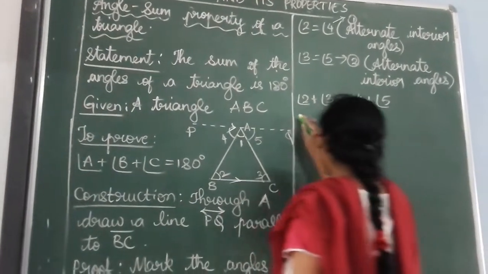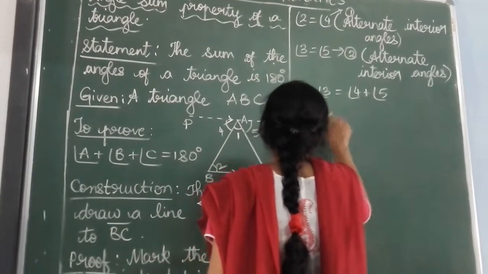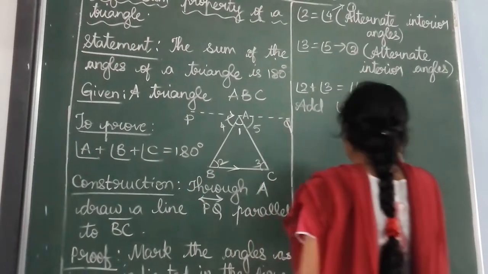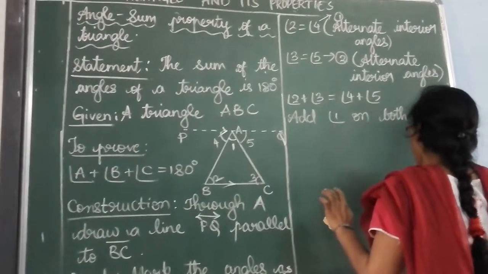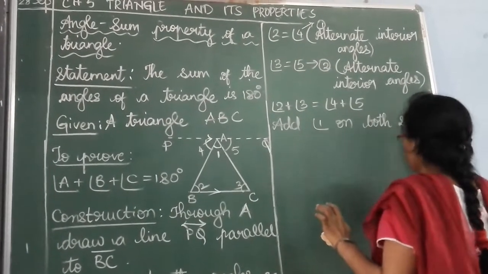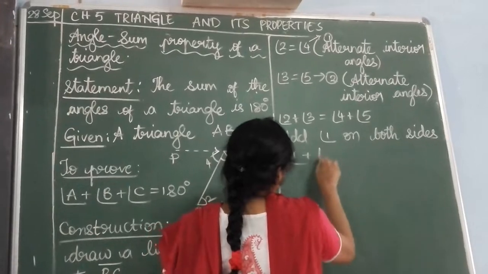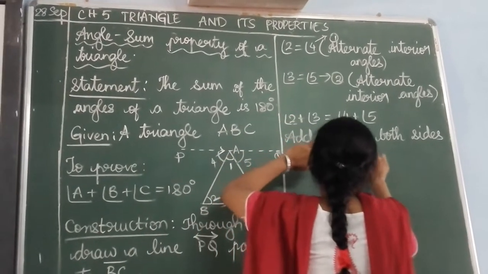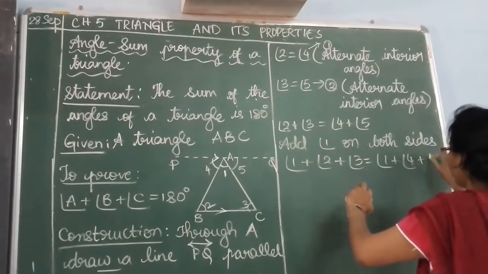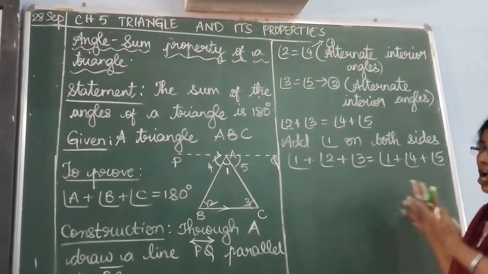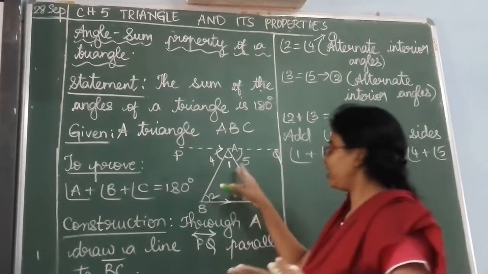Now what we are going to do is add angle 1 on both sides. So here angle 1 plus angle 2 plus angle 3 is equal to angle 1 plus angle 4 plus angle 5. Now let us see the picture.